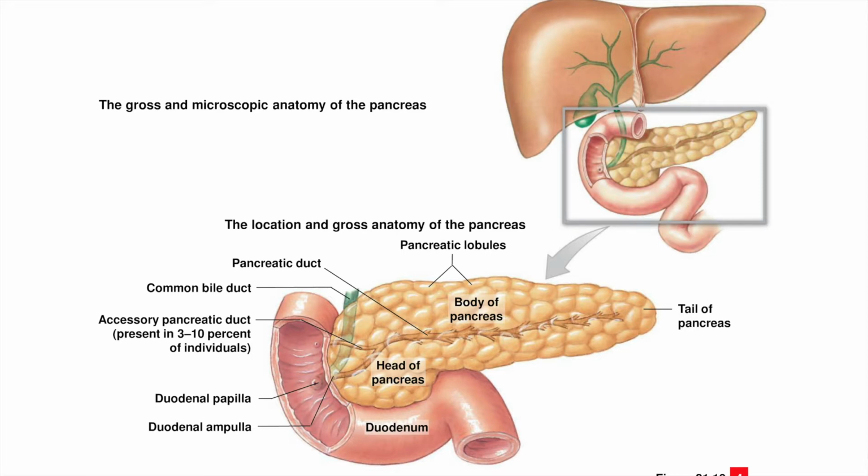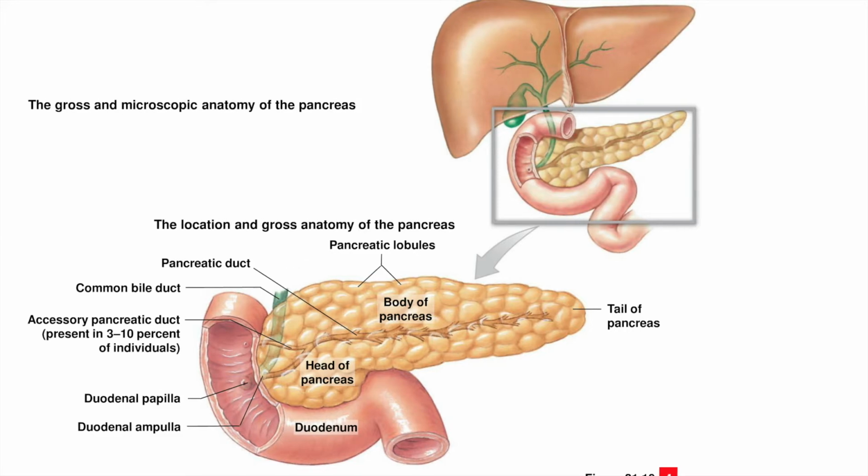Okay, the pancreas is another digestive organ. We also talked about it with the endocrine system, but it also has a digestive function. It produces enzymes that will digest all nutrient types.